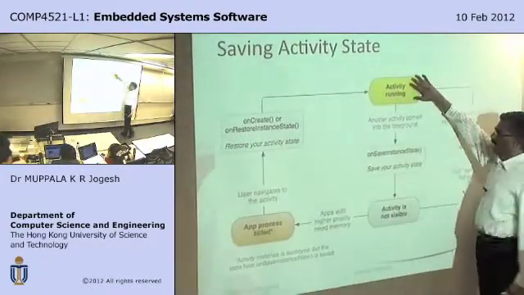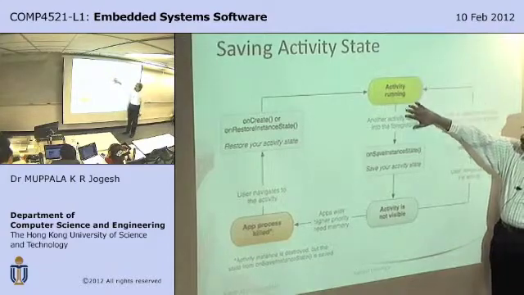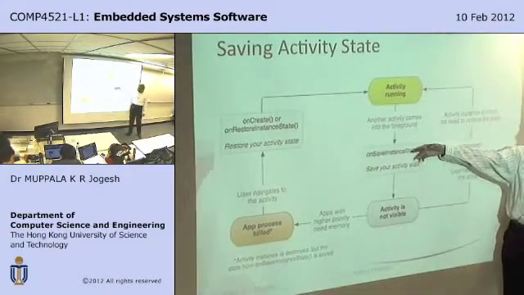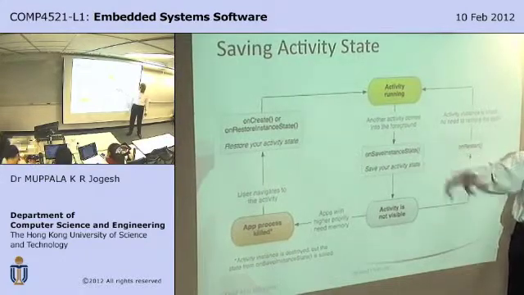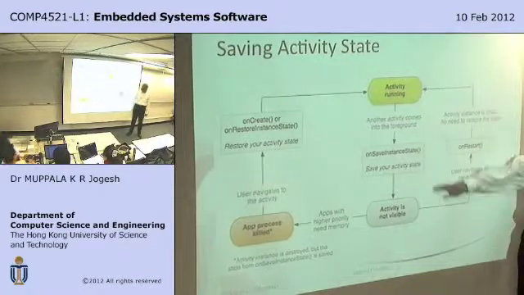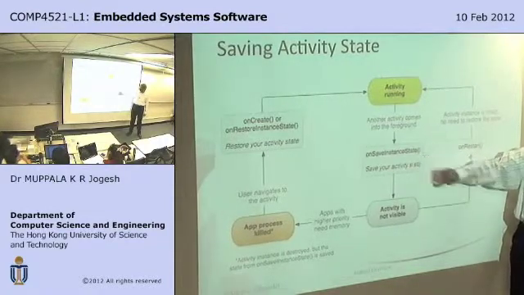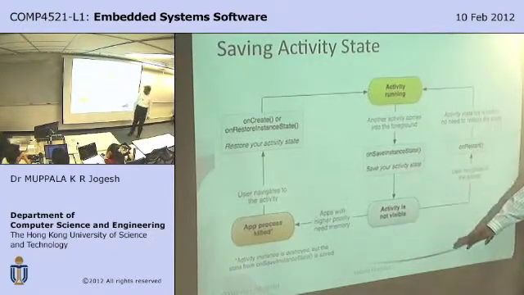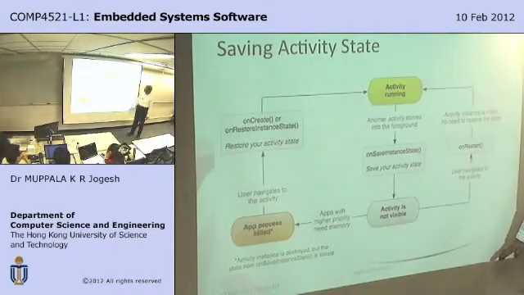Okay? When the activity is running, if another activity comes into the foreground, you will call this particular function before the on pause. This is where you would save your activity state, so that if the activity goes into the invisible state, okay?